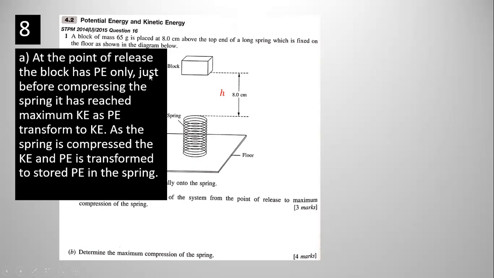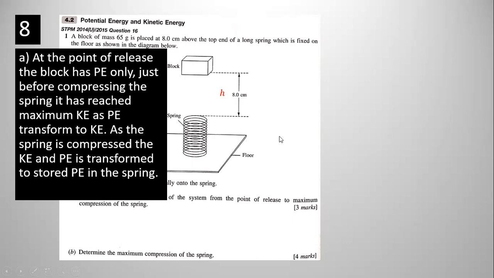Right? No air resistance. Just before compressing the spring, it has reached maximum kinetic energy as potential energy is transformed to kinetic energy. Right? It still has some potential energy, but it's decreased. As the spring is compressed, the kinetic energy and potential energy are transformed to stored potential energy in the spring.